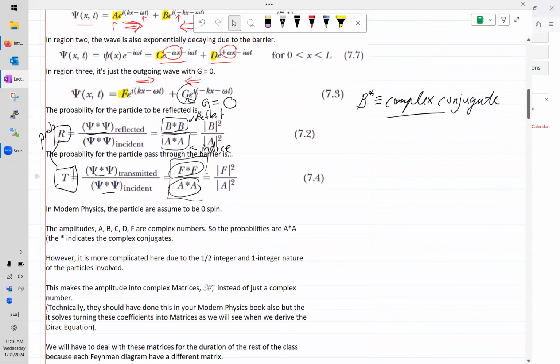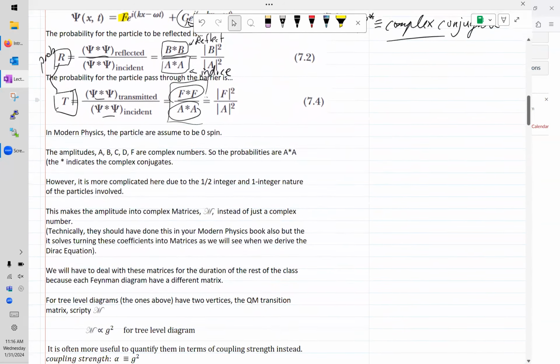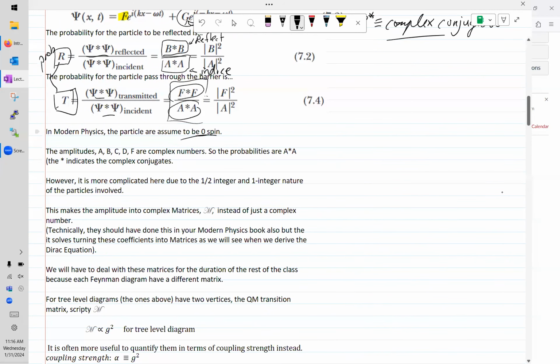Okay, so in modern physics, the way it was done is basically you assume all these particles are spin 0, so you don't have to deal with spin at all. Okay, but as you learned from Monday's lecture, all the fermions have spins. All the gauge bosons have spins.